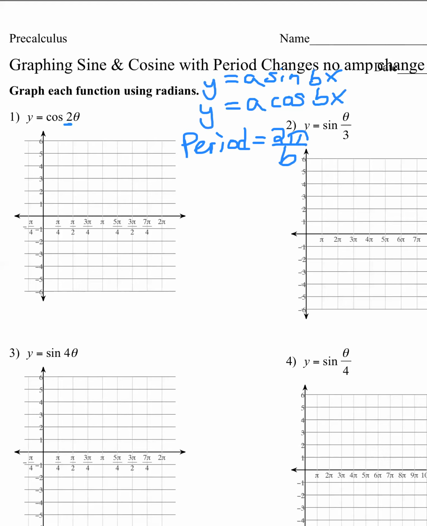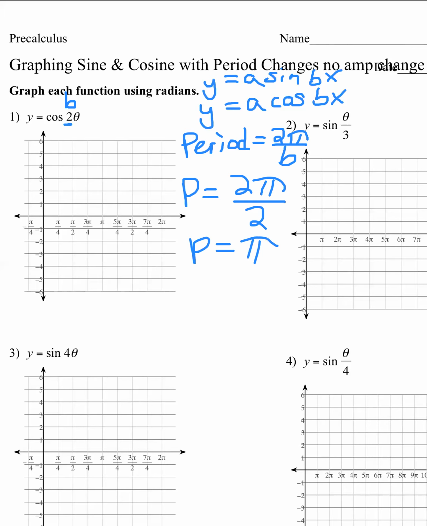In the case of number 1, b is 2. So if I want to figure out the period for number 1, I plug in 2 for b. The period is 2 pi divided by 2, so the period is just pi.